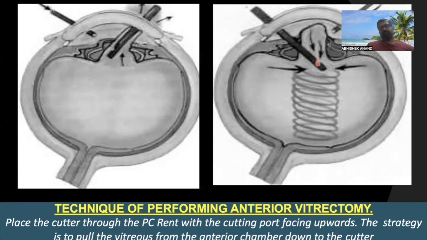Also, the mouth of the vitrectomy cutter should be facing upward. We must remember that vitreous is a gel and we should not be fishing around it and running after the vitreous. The rest of the vitreous gel will come automatically. We just need to center the vitrectomy port here.